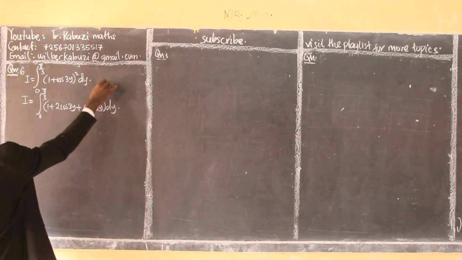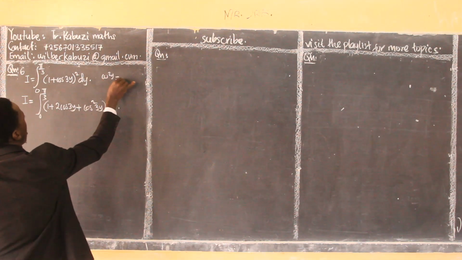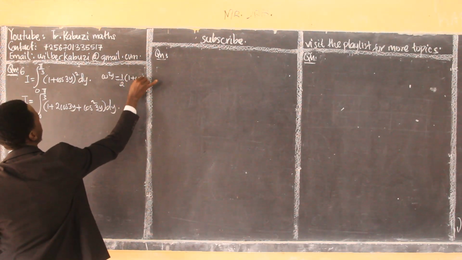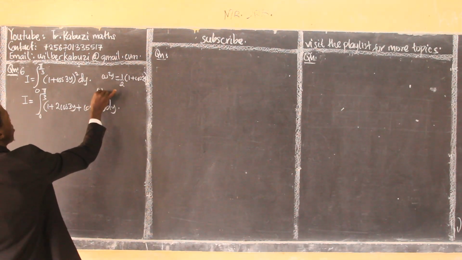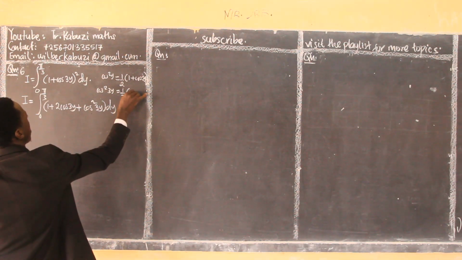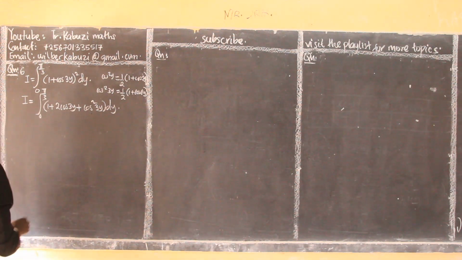Whenever I have cos squared y, I have a half into 1 plus cos 2y. So when I double this angle, my cos squared 3y will be 1 over 2 into 1 plus cos 6y using the double angle substitution there.